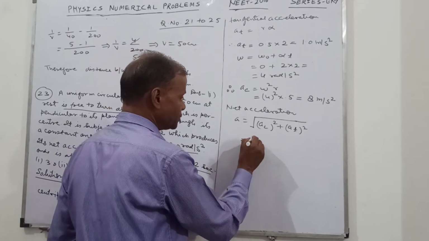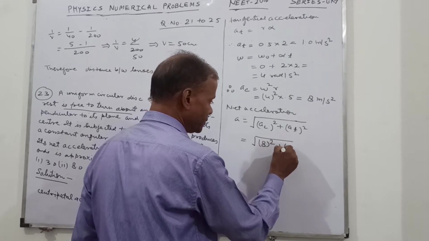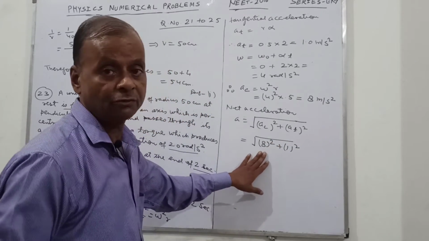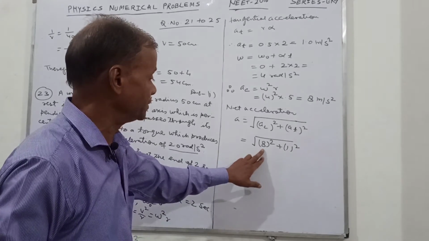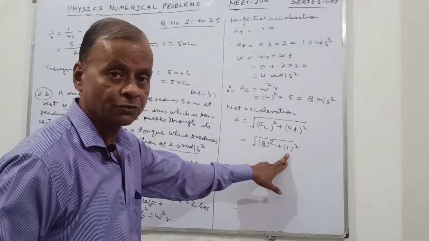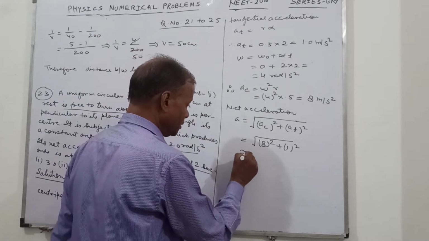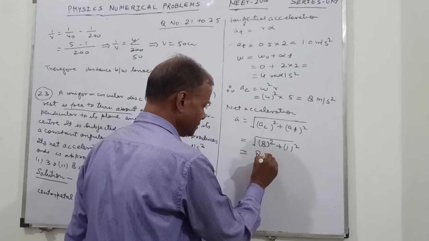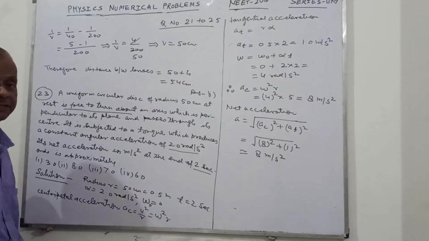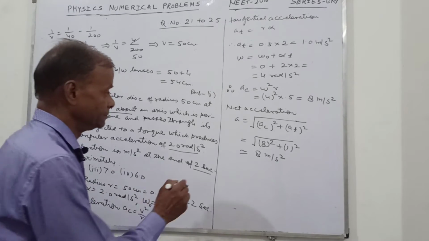So A is square root of 8 square plus 1 square. So 1 is very small in comparison to 64, so we can neglect this 1. So approximately A will be equal to 8 meter per second square. This is the net acceleration. So now our right option is the second.